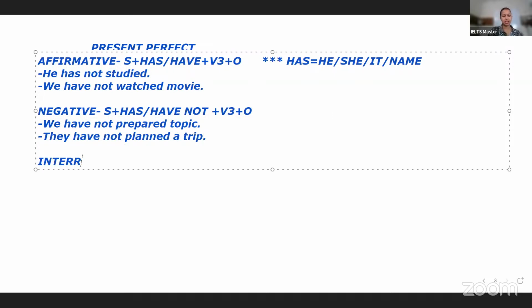If I say for interrogative, so we have a formula that is the be form will come in front, has or have, plus subject plus not plus V3 plus object.